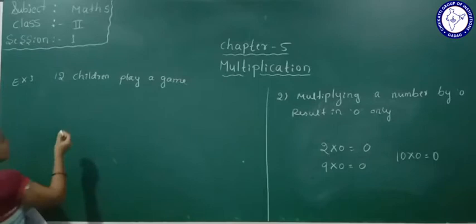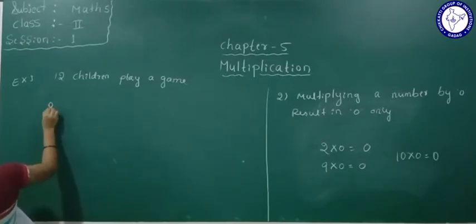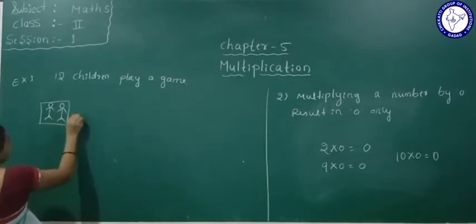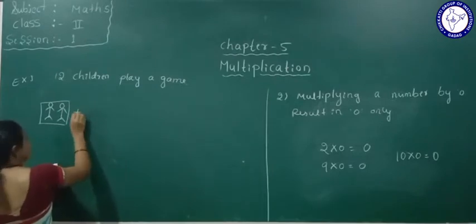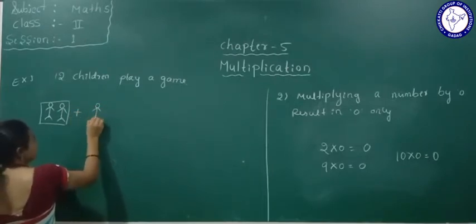Here see students. So two members. There are 12 children. Those are two members, 1 group. The 2 children, 1 group. And next plus 2 children, another group.